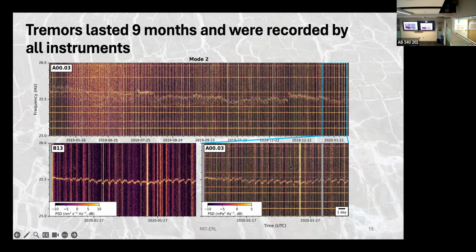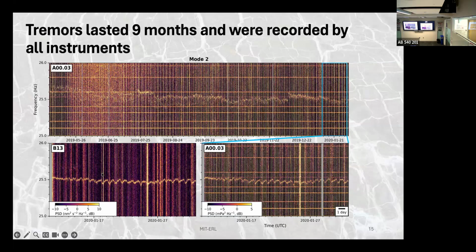And this is zooming into the 21-day period at the end, where we have both geophone and hydrophone observations. Here you can clearly see that there is a diurnal frequency oscillation exhibited by this tremor signal. On the left-hand side, I'm showing the 21-day period recorded on a geophone.